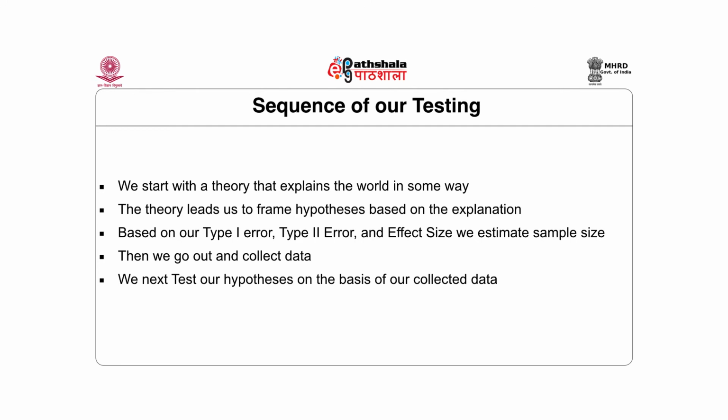Based on this basic information which we set up in the beginning of our study, we go out and we collect samples of our data, and then we come back and run our analysis. There are a number of different ways in which we can run the analysis, and if our outcome variables are continuous and our explanatory variables are continuous, then we conduct tests such as T-tests to run them.